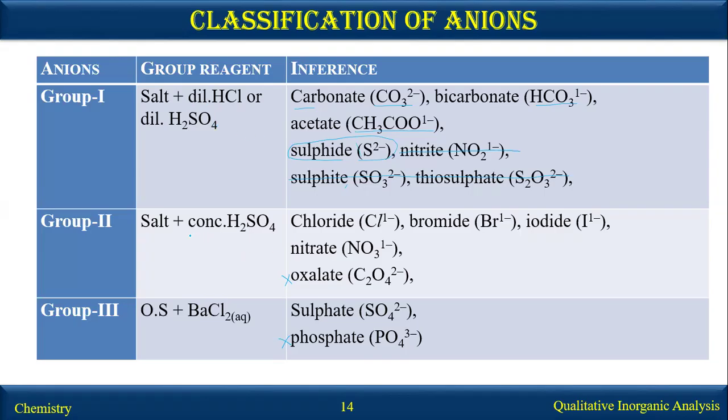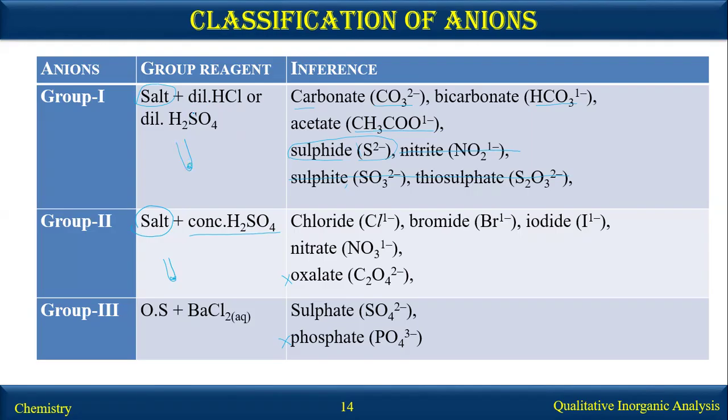For group 2, the group reagent is concentrated sulfuric acid. Remember that these tests are performed on the salt directly. We are not making the solution. You take the salt in your test tube and then add dilute acid in group 1.